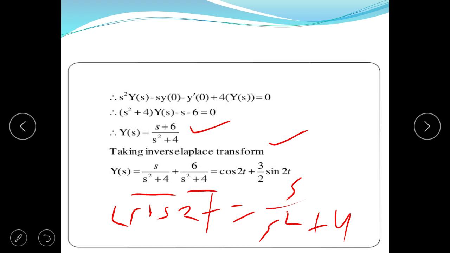Similarly, we know that the Laplace transform of sin at is equal to a upon s square plus a square. So we multiply and divide by 4 in numerator and denominator.